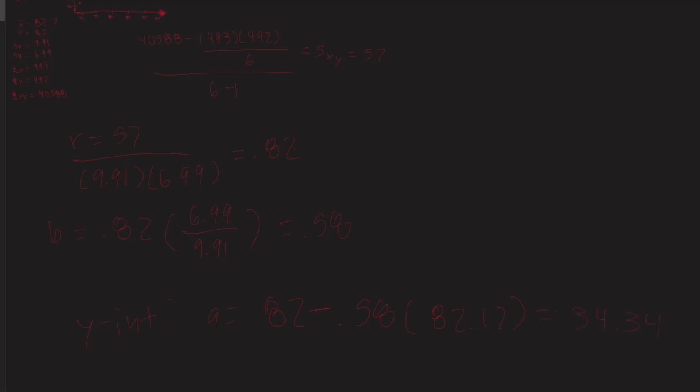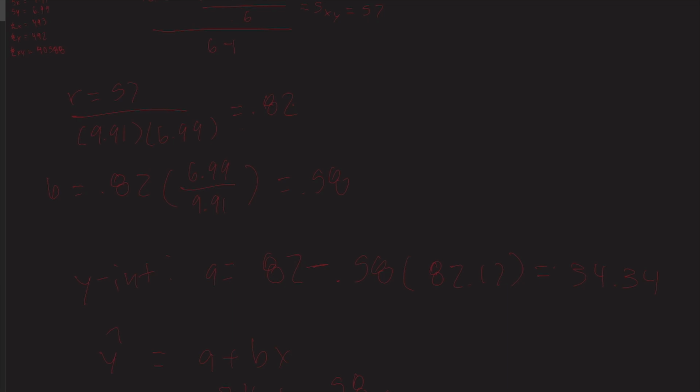Now the last step is to get the regression line, and the regression line shows the general tendencies of the data points, and we use it to predict the value of y as it corresponds to x. The formula for that is y equals a plus bx, and a in this case is 34.34, plus b, which is 0.58, times x, and that is our line of regression.